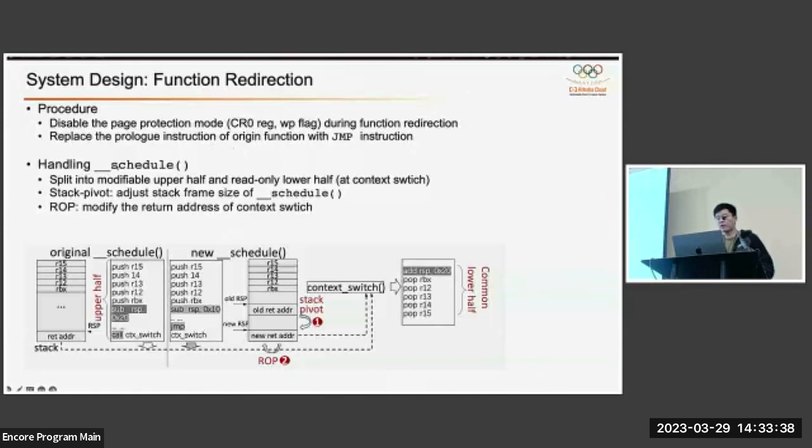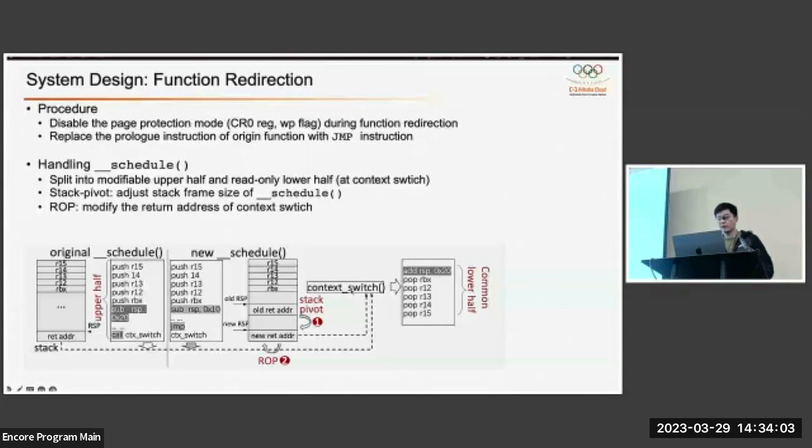A scheduler function not only implements the algorithm that selects the next running task, but also executes a context switch. So PlugSquid splits a scheduler into a modifiable part and a read-only part at the point where it invokes the context switch.